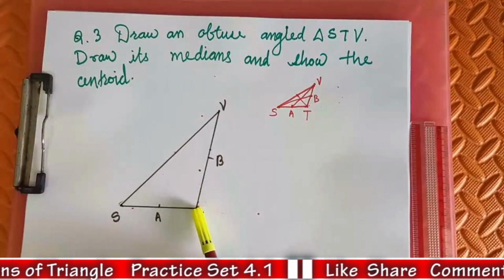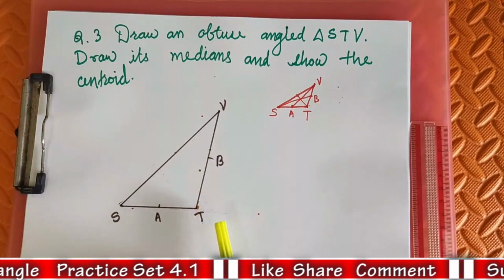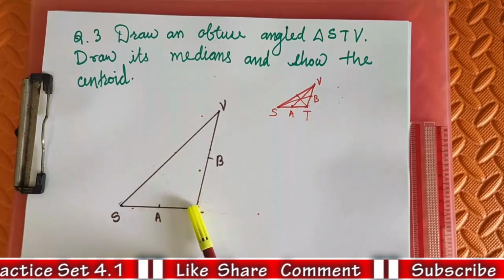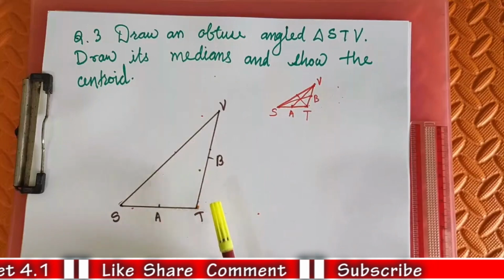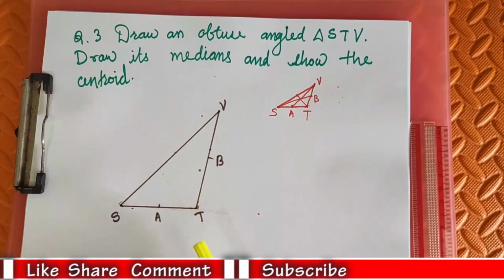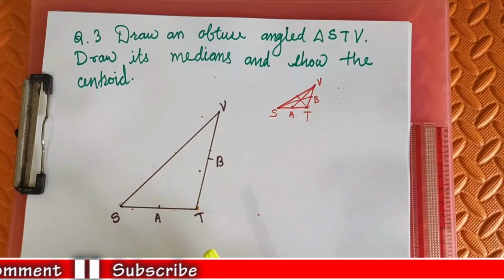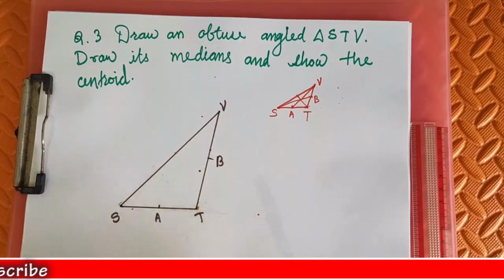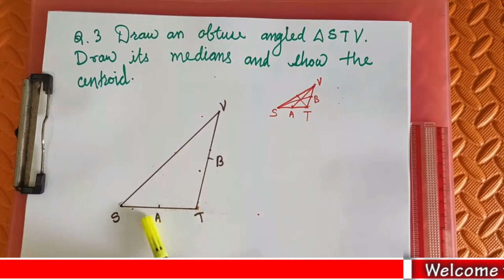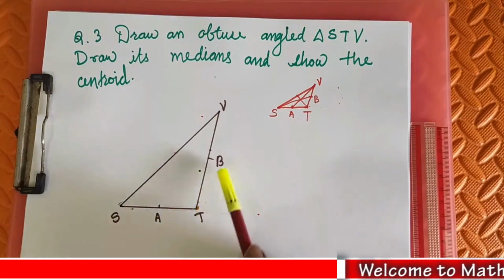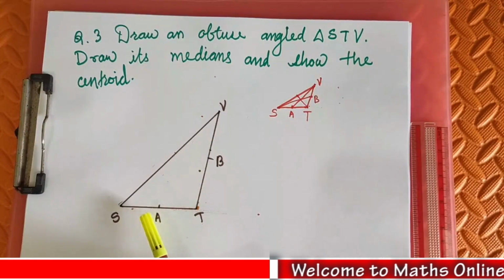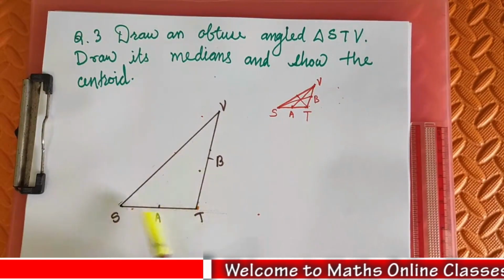Therefore the triangle must be an obtuse angle triangle, so you may take 110, 120 according to your convenience, which should be greater than 90 degree. Understood this concept, what I am saying? It is totally up to you what measurement you take. Here I have taken specific measurement because everybody's figure will come the same. Therefore I am giving specific measurements.